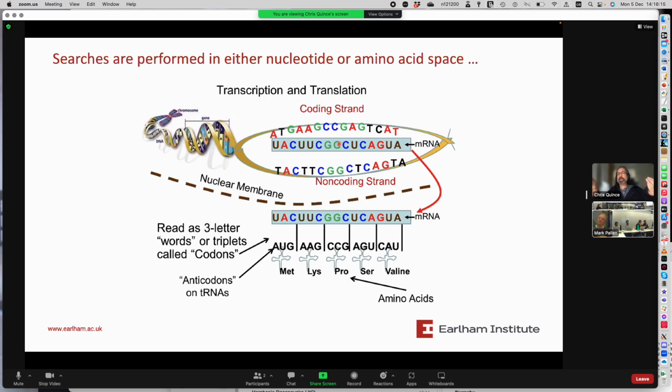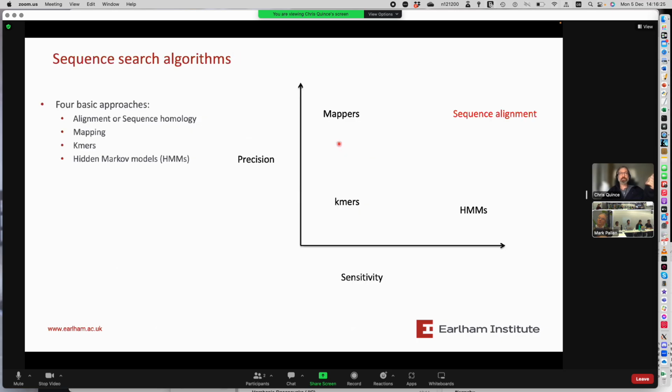So that's what BLASTX does. And Diamond, for instance, has a version of BLASTX where you can search in those three frames, but it's much more efficient than BLAST. Because I didn't want to go into this in too much detail, I tried to do a little summary of all the different sequence search algorithms and how they compare to each other.